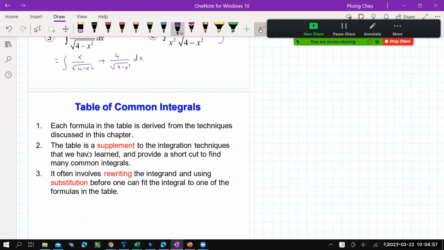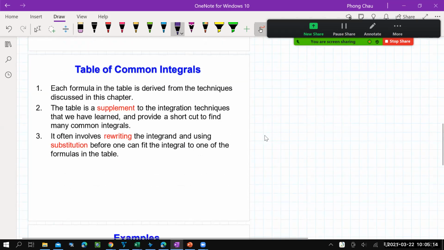Number two, the table of integrals here is just a supplement to the integration techniques that we have learned. It gives us a shortcut to find many common integrals, and it becomes handy when we need to do some integration later on.